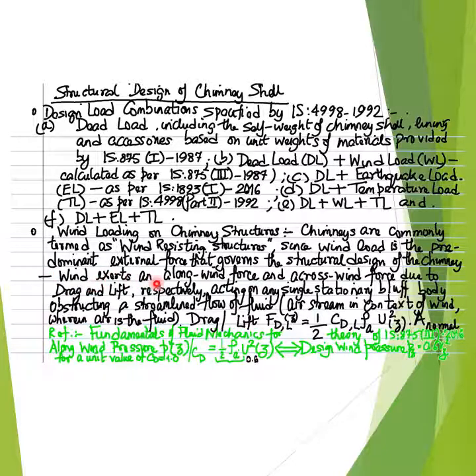One of the first principles of fluid mechanics that forms the theoretical basis of the design formulations for calculating the design wind loads on chimney structures or building structures in general is that wind is air or fluid in motion.